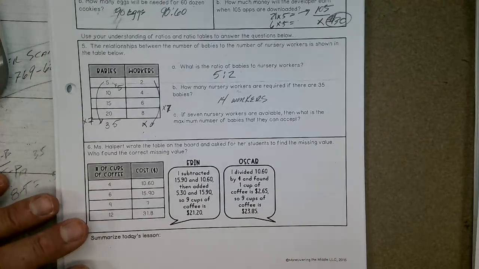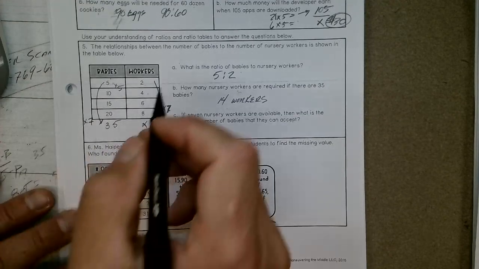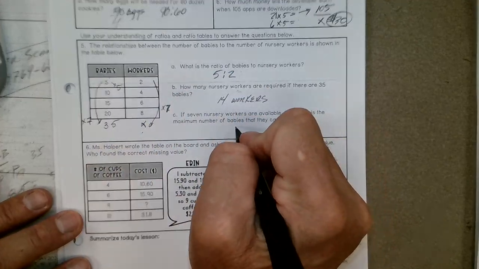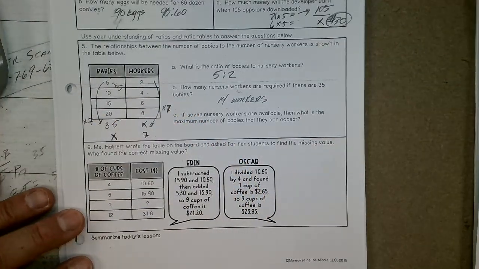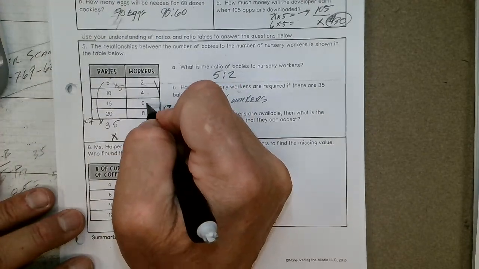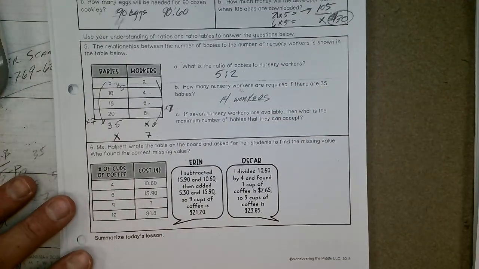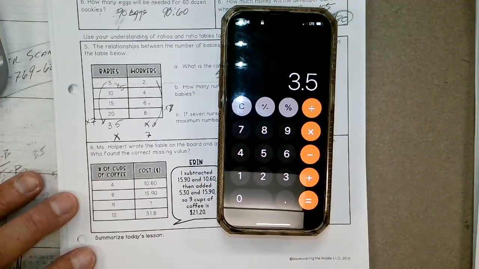Letter C. If 7 nursery workers are available, then what is the maximum number of babies they can accept? So we have workers of 7, and now we're looking for X over here. How can I get there? I can't get there directly, so let's do some math. Let's take 7 and divide it by 2, and we get 3.5.